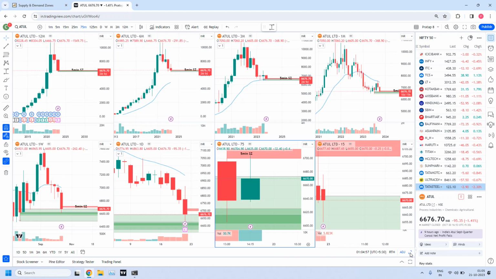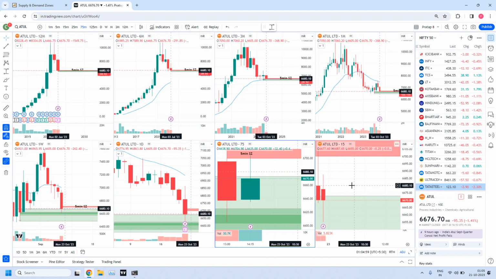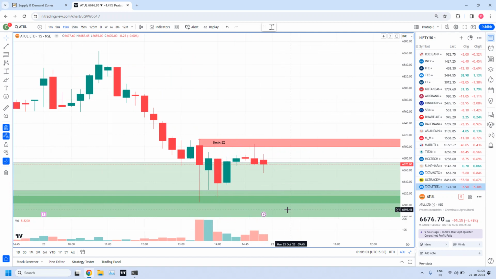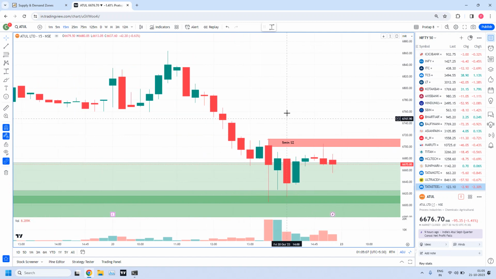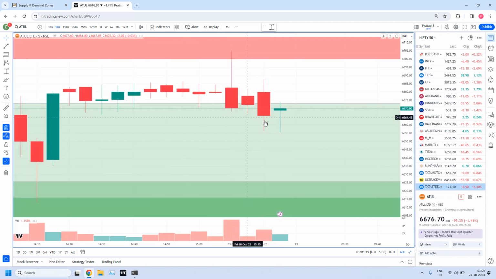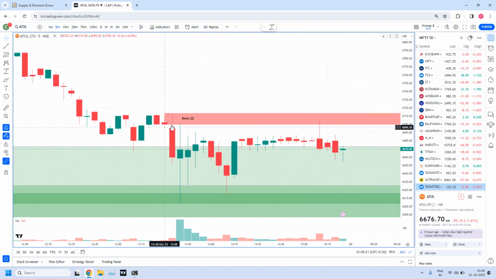So let's go to the 5 minutes chart or 15 minutes chart. Today at the 14 hours candle, at 2 o'clock, we got the entry. If you look into 5 minutes, you get clarity. Here we have a 5 minute supply zone as our target.